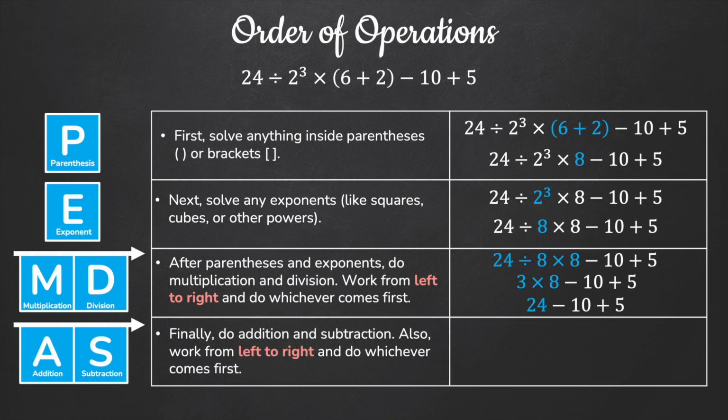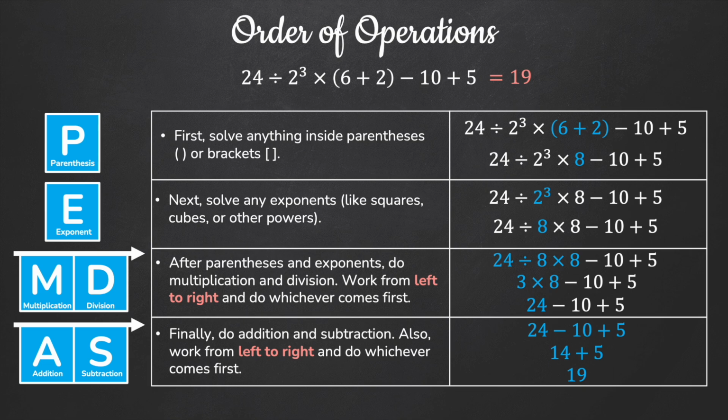Finally, we have A and S in our acronym, and it stands for addition and subtraction. Just like multiplication and division, whichever one comes first is what we do first. So we have 24 minus 10 plus 5, and because subtraction comes first, we're going to go ahead and subtract first. 24 minus 10 is equal to 14, and then 14 plus 5 is equal to 19.